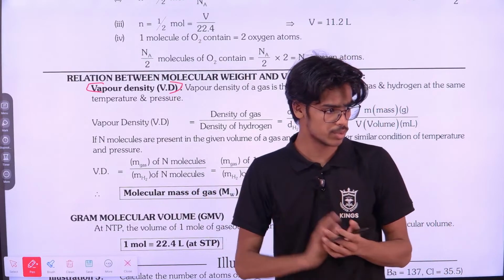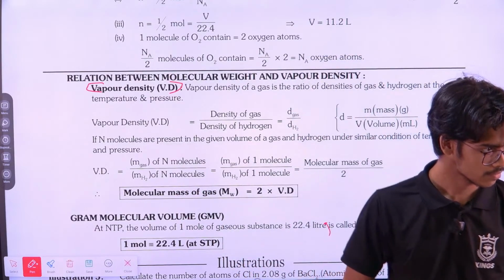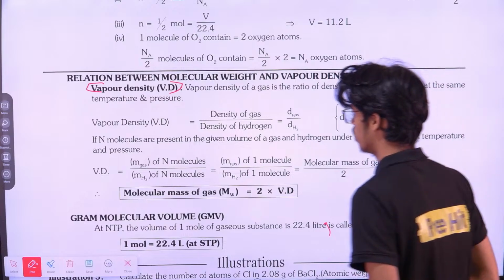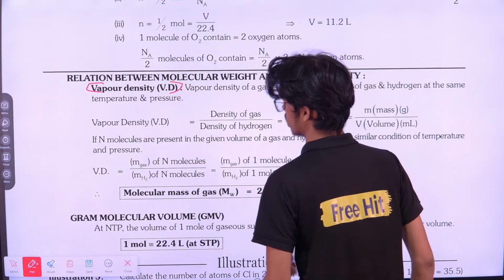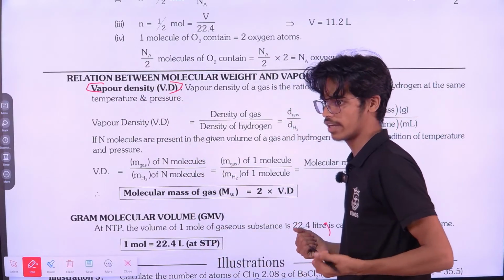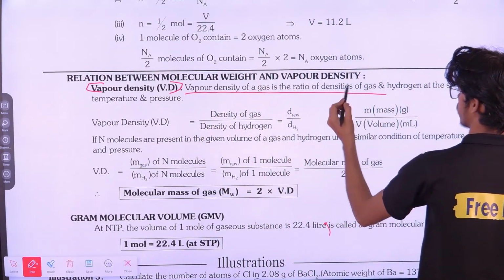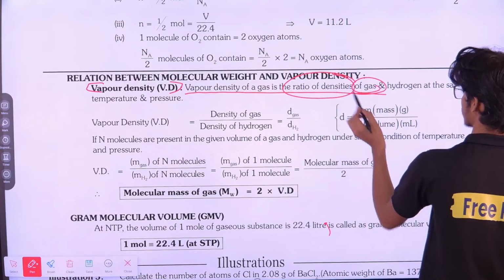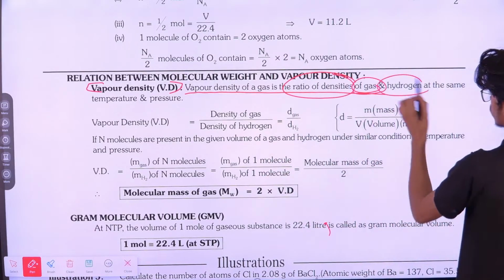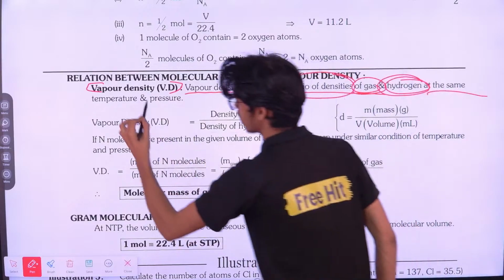You are comparing to some quantity, right? Now vapor density is the same way a comparison type density. It is not absolute, this is relative density. So vapor density of a gas is the ratio of the density of the gas to that of hydrogen at the same temperature and pressure.